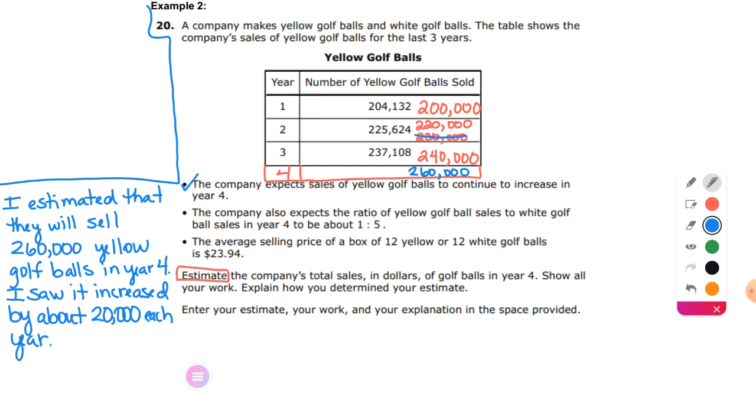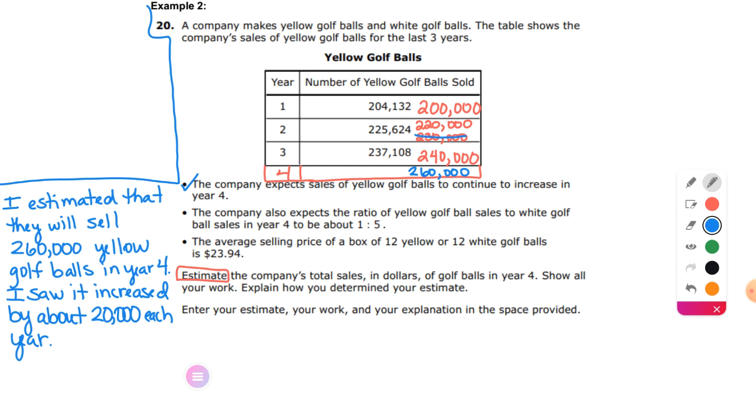Because the 1 is the yellow golf ball, and the 5 is the white. What is the ratio? Ratio is a 6th grade skill you are expected to learn. 1 to 5. Let's show some work.